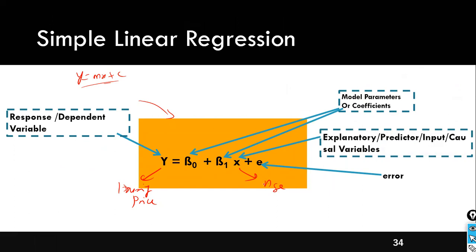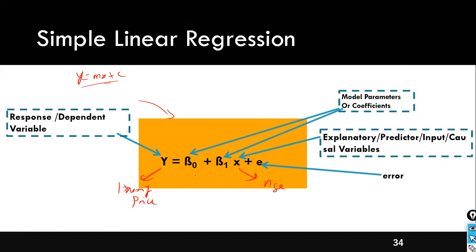What are beta naught and beta 1? The values for these two parameters are determined automatically by statistical software. We don't have to manually compute this. However, if you wanted to compute it manually, that is also possible, as we have formulas available for it.